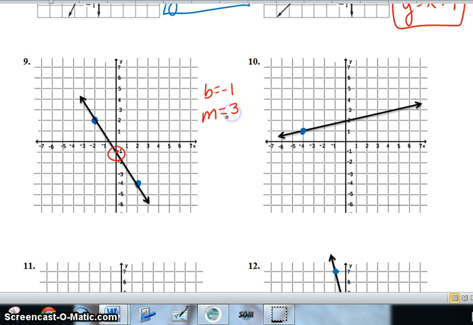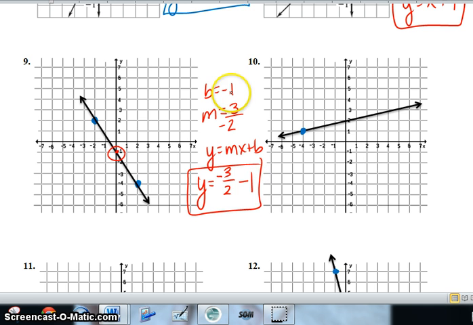So we went 3 up, which is +3, but -2 to the left. So that means our slope is -3/2. So the equation of this line, in y equals mx plus b form, would be y equals -3/2 x minus 1. Because our y-intercept is negative, we subtract the 1.